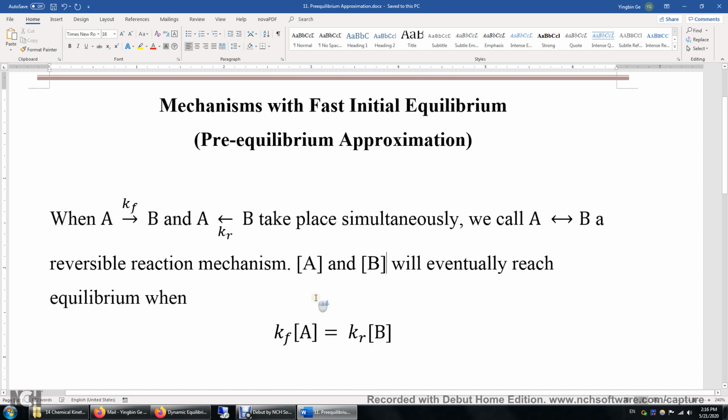Well, at equilibrium, the forward and reverse reactions are still going on, but the forward reaction rate, Kf times A, is equal to the reverse reaction rate, Kr times B. So that's why it's called a dynamic equilibrium. The forward and reverse reactions are still going on. It's just that the rates of the forward and reverse reactions are exactly the same.